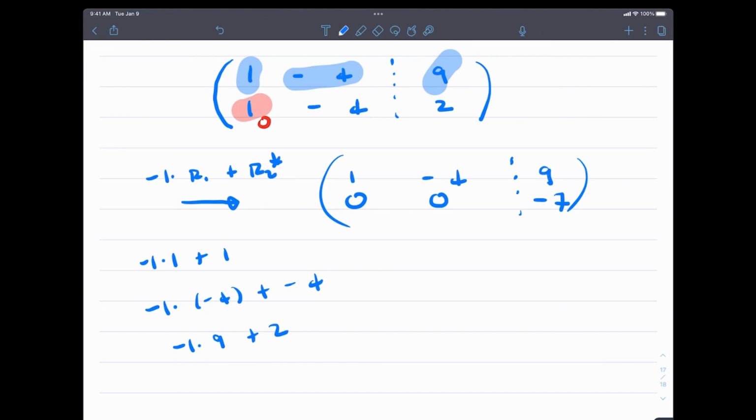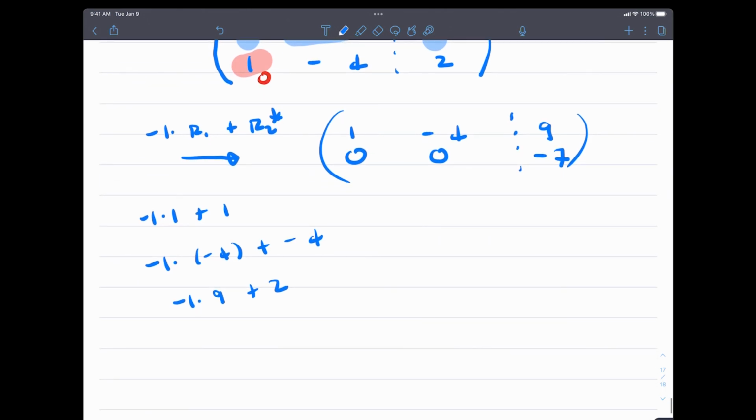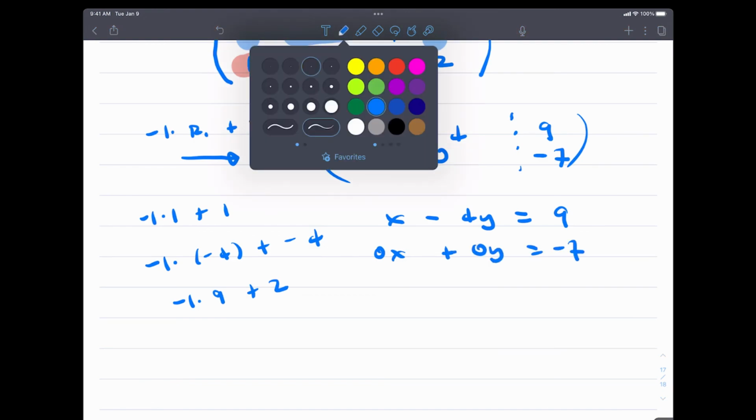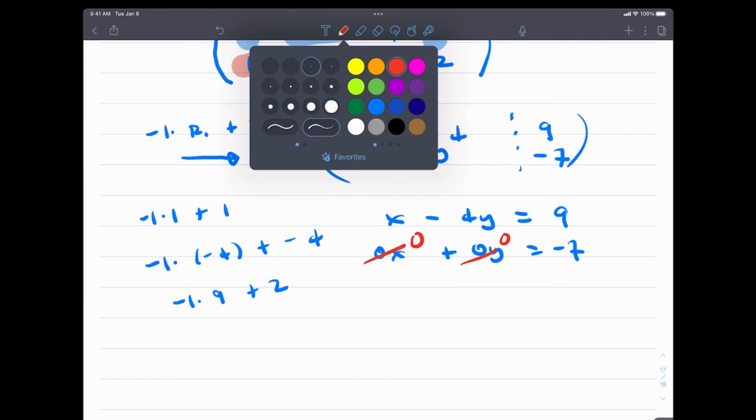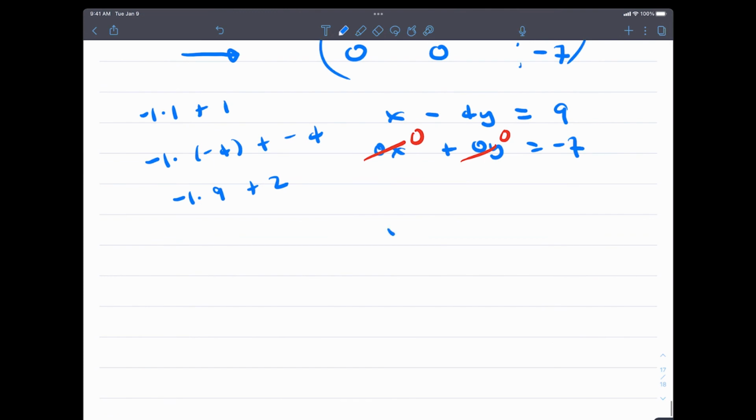And I'm going to remark about this here, ladies and gentlemen. This means x minus 4y is 9. You say, is that 0x plus 0y is negative 7? It is, but what's 0 times anything? 0 and 0. So what does this really mean again? Well, x minus 4y is 9, and then you have 0 equals negative 7.